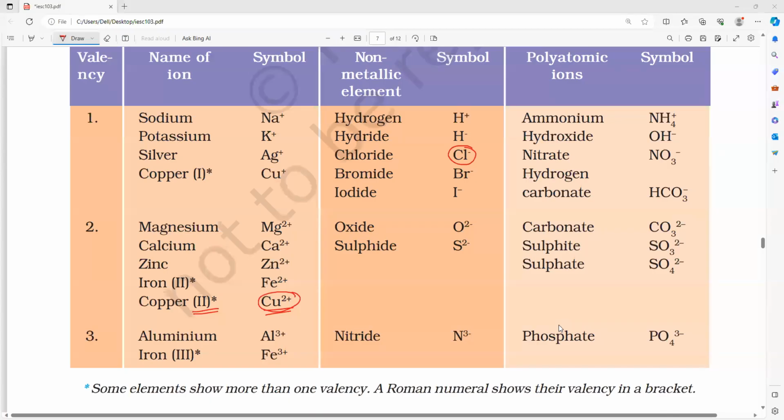The cation is sodium, Na plus. And in sodium carbonate, what is carbonate? CO3 2 minus. So it is a polyatomic ion. Am I right, guys?